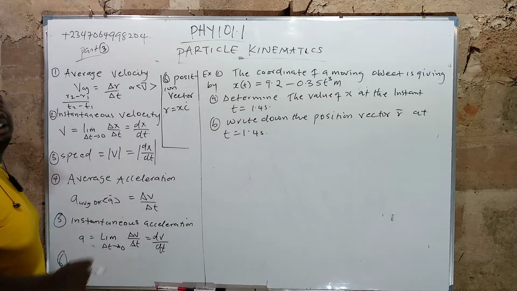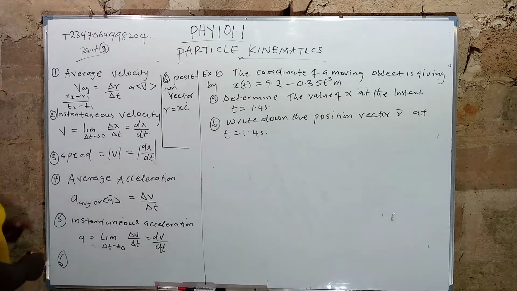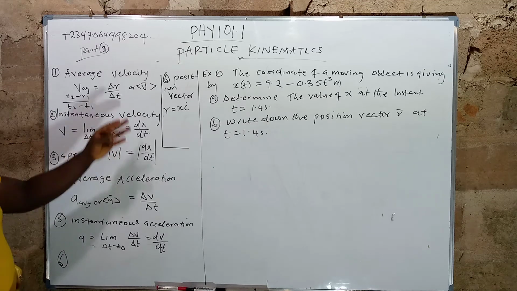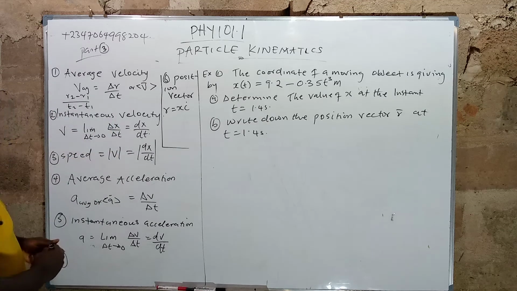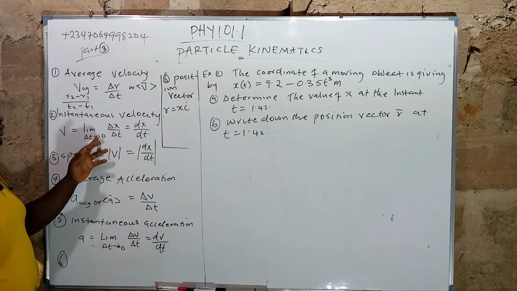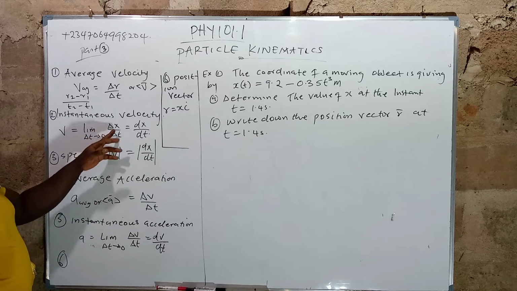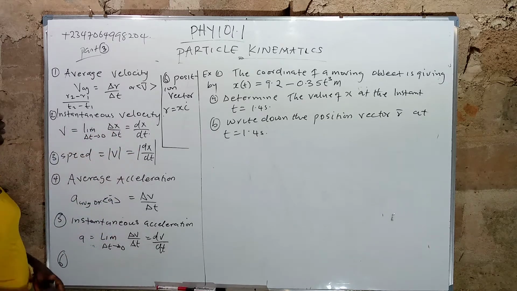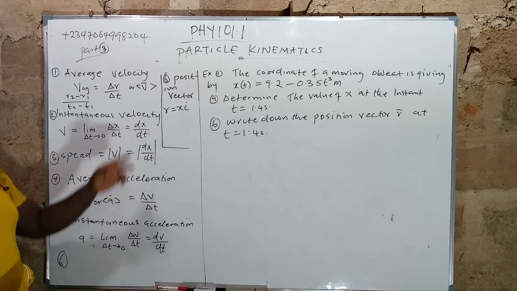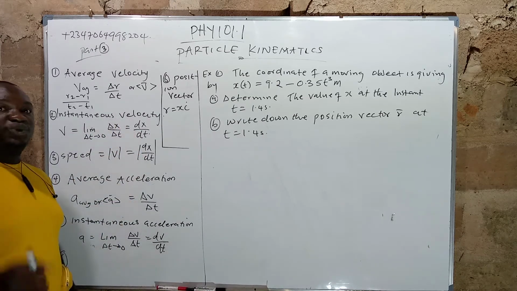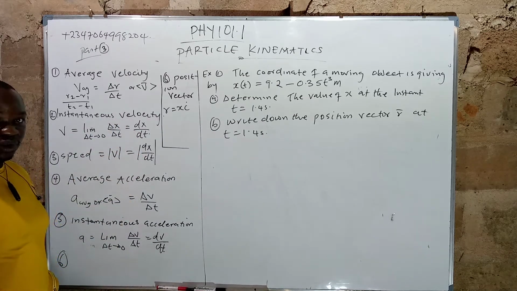Jot it down immediately. Now, the instantaneous velocity, of course, is V at limit delta T equals 0, which is changing X all over changing T, which is dx all over dt. Whenever you see this dx all over dt, you know that we are talking about differentiation, calculus.